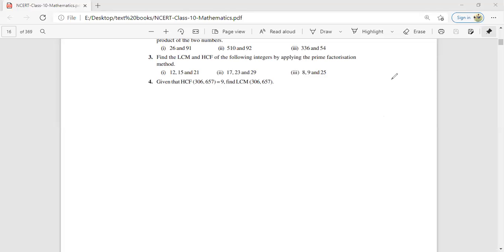Okay. So this is question number 4, which is based on the formula. We can find by using the formula also. Question number 4. We have given the HCF of these two numbers. Here the two numbers are 306 and 657.